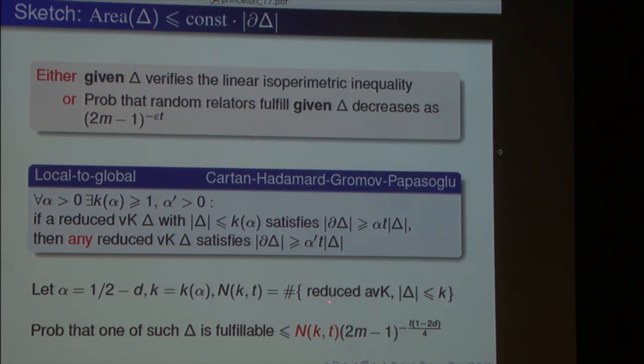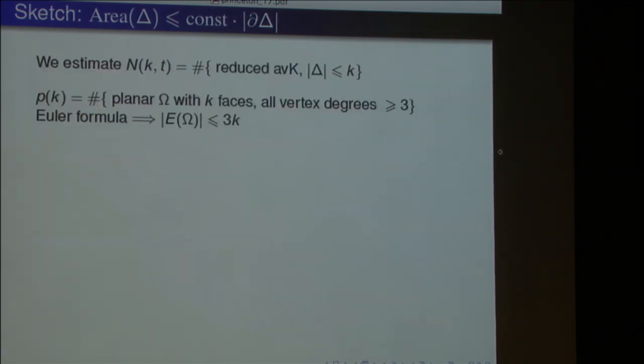Again, it's the number of reduced abstract one component diagrams with number of faces at most k. It's just a planar graph. Let us estimate this. So how do we do this reduced abstract one component diagram?